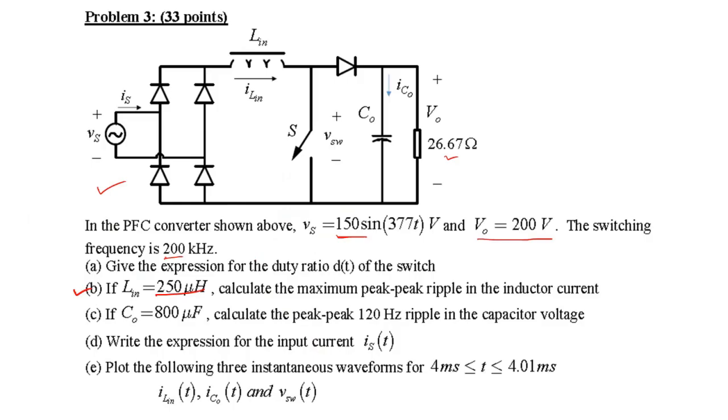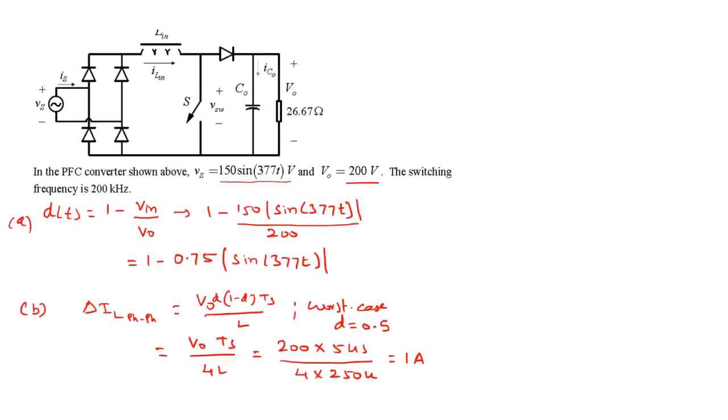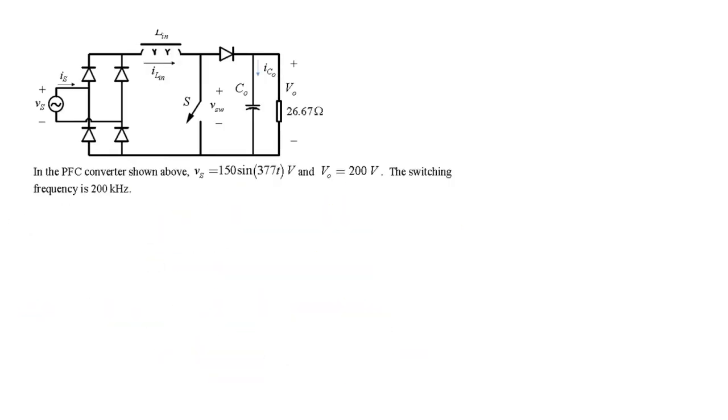If you look at the problem statement, part C is given the output capacitor value of 800 microfarad. We need to calculate the peak-to-peak voltage ripple in the output voltage, and specifically we want just the line twice the line frequency ripple, 120 hertz ripple. So we also had a formula for that.